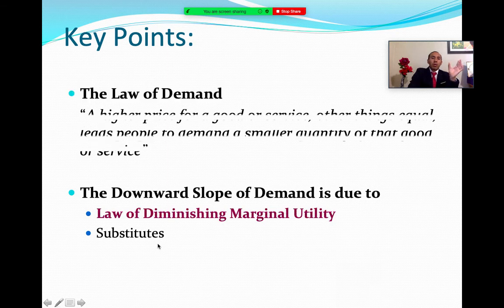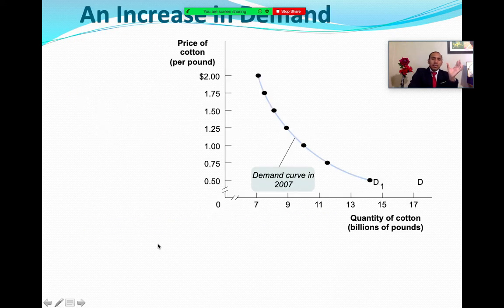Now, when we're looking at the cases of the law of demand, it's important to recognize the difference between quantity demanded and the relationship with prices, and a total increase in demand. Notice how I mentioned both of them specifically different: quantity demanded and an increase in total demand.